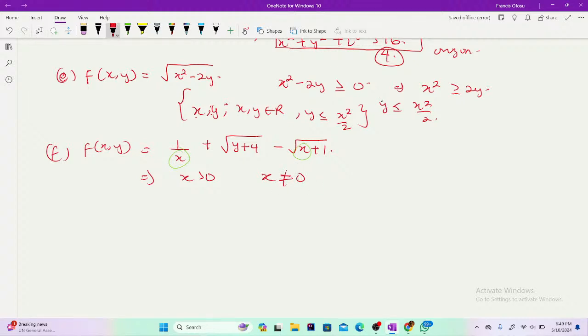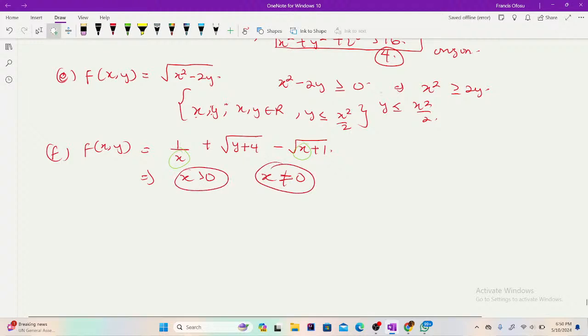So once you have this, we come to the second one. You know that for x here, x should not be equal to 0, right? This is the condition we've got. Or you can say that x is greater than 0. But when you come to the second function, what do we say about it?